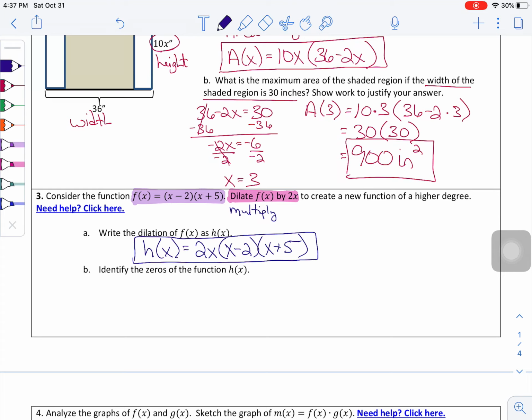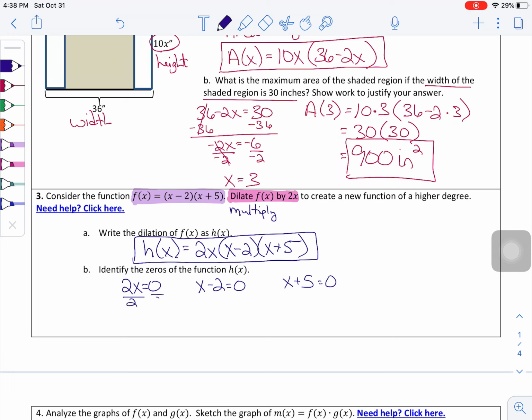Okay, and then for part B, identify the zeros of the function. Well, the way we're going to identify the zeros is take each one of our factors. So we have 2x as a factor, we have x minus 2 as a factor, and x plus 5 as a factor. And we're going to set each one of these factors equal to 0. Now that we have these three little equations, solve them.